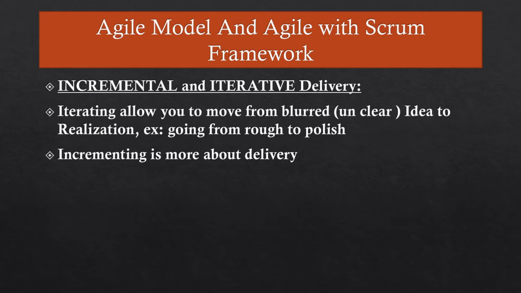So here, if we look at this agile overview, basically in the waterfall model a project can take several months to complete, and the customer may not see the end product until the project is completed.